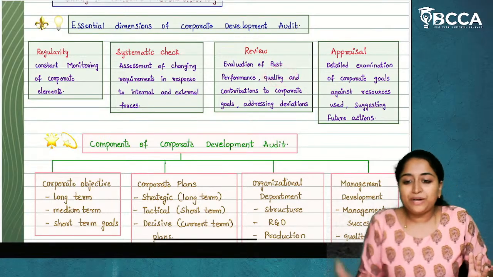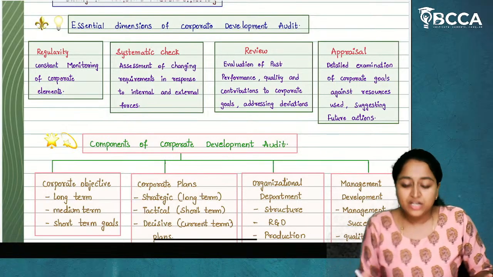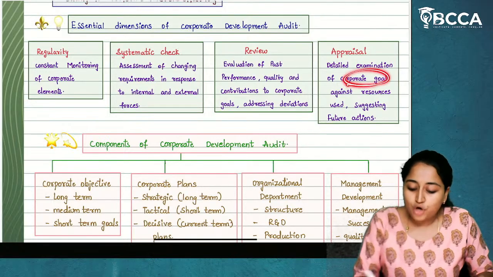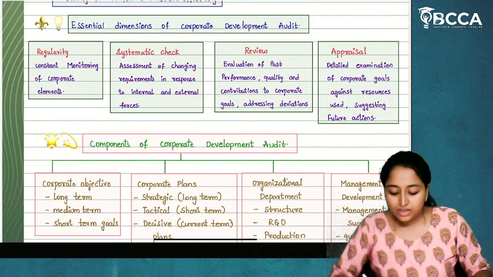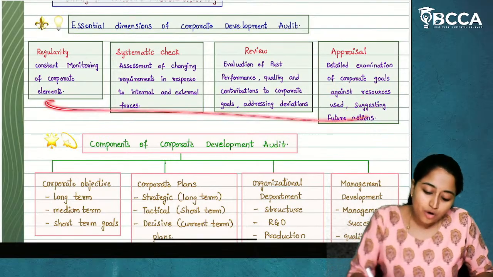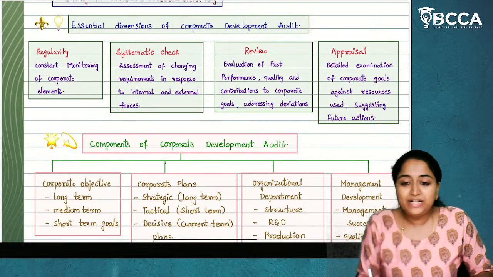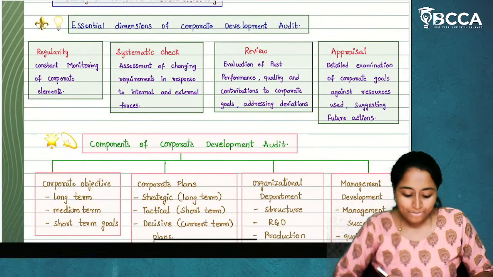Always review how the performance is, and how well the corporate goals are being reached. Next, appraisal. It is a detailed examination of corporate goals against the resources used, and suggesting future actions. These are the four essential dimensions of corporate development audit. This has been tested as a question in examination.